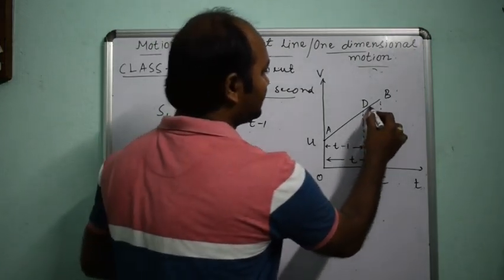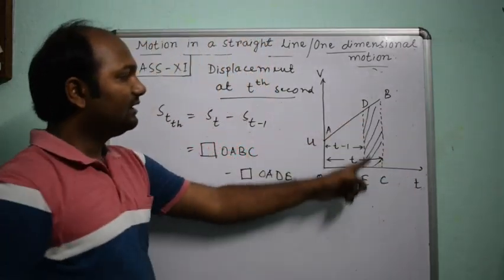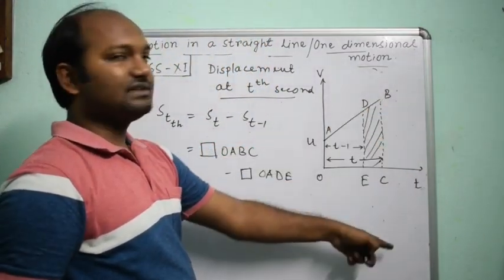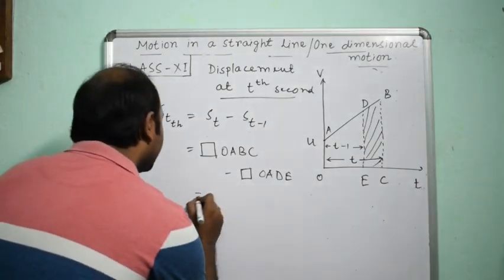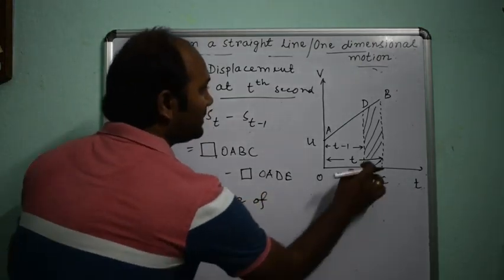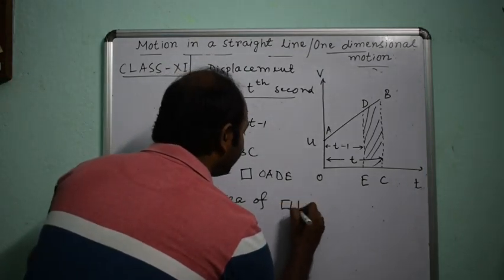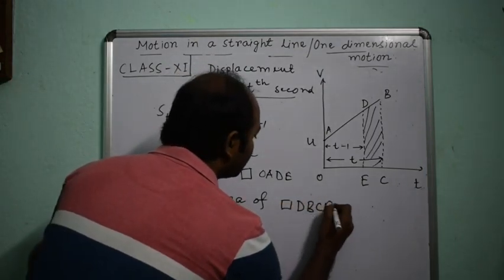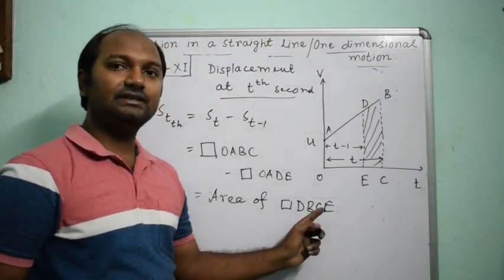That is, you have to find this area, means area of the DEBC. You have to find this area. That is, this equals to area of DBCE. Area of DBCE.